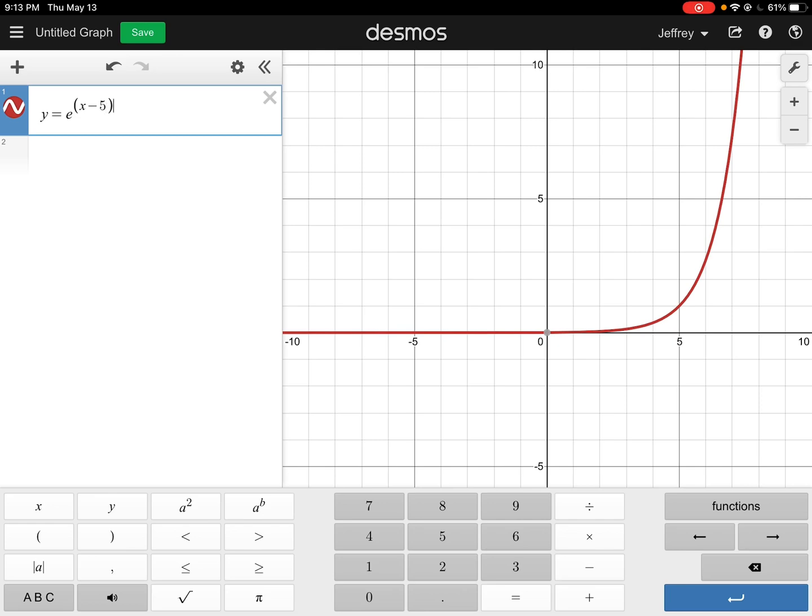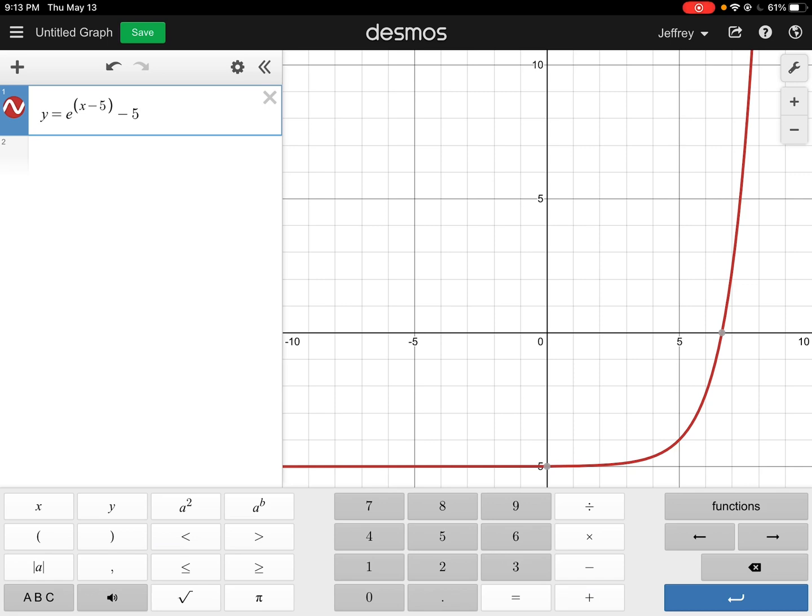Now I'm going to need to shift it down, and so this has to be outside of the x variable, and so since it's down, I have to do -5 in the y direction. Okay, so I have that going on for me right there. Okay, now I want this to be just a little bit more steep. I want the cup to be a little bit more steep, and so I basically want to vertically stretch this graph.